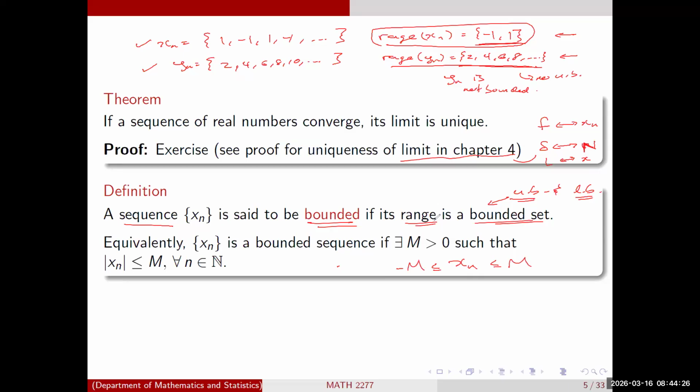In our example, notice that every xn lies between, let's say, -2 and 2. Remember the bounds don't have to be really tight bounds.